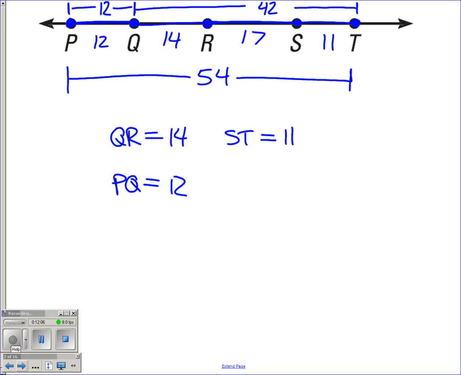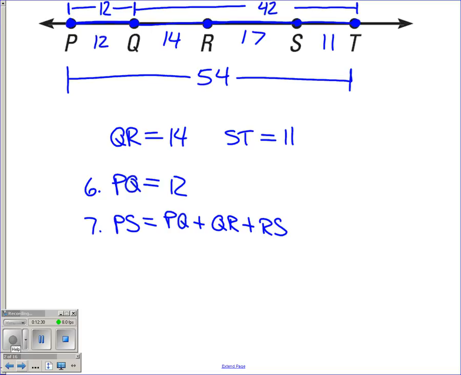Number 6, the length of PQ, 12. Number 7, the length of P to S. Well, PS is going to equal PQ plus QR plus RS.